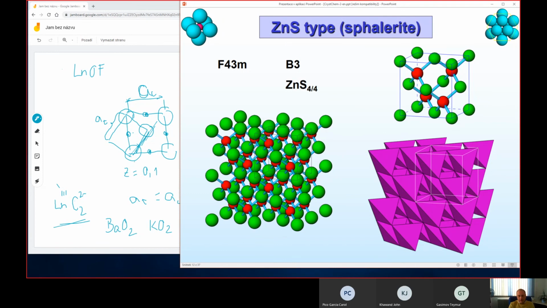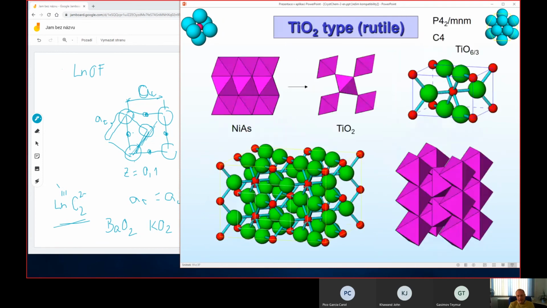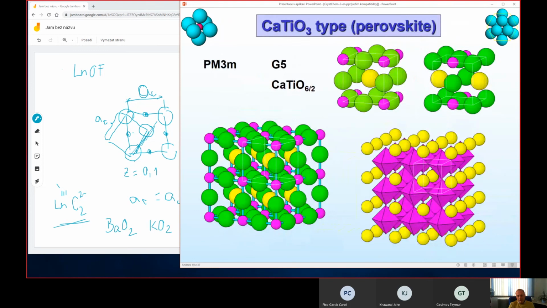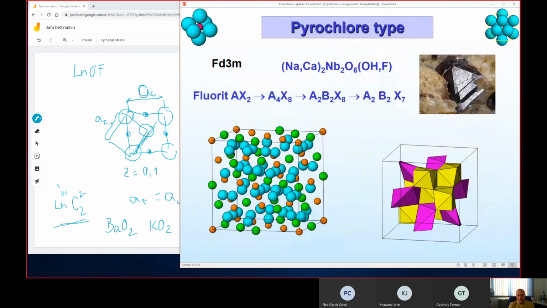then together with this, I would discuss also the pyrochlore structure, which can be derived from the fluorite structure. In fluorite, we have the stoichiometry AX2 generally, but if we multiply this formula unit by 4, which means you have to create a supercell.